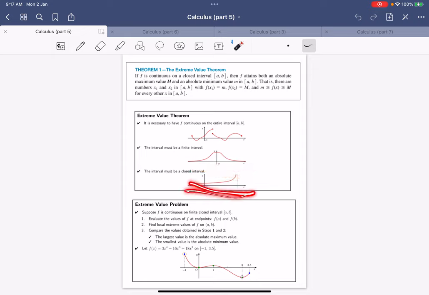And if it's not closed, it doesn't reach the end. So you can see why these conditions are needed, so that when you state the theorem, it holds. You just need to remember that if you are continuous on a closed interval, your function is able to hit its absolute maximum and minimum.